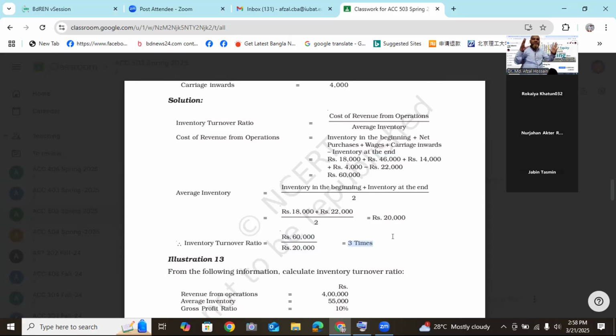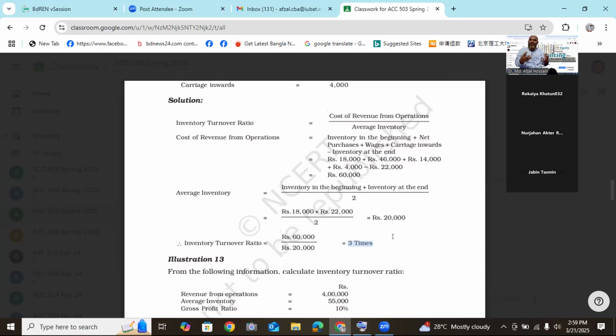If you have a stock of inventory in your warehouse but it is unsold, this is not beneficial for your company. If you can convert this inventory to cost of goods sold, that means you are able to sell it, then your liquidity position will increase.